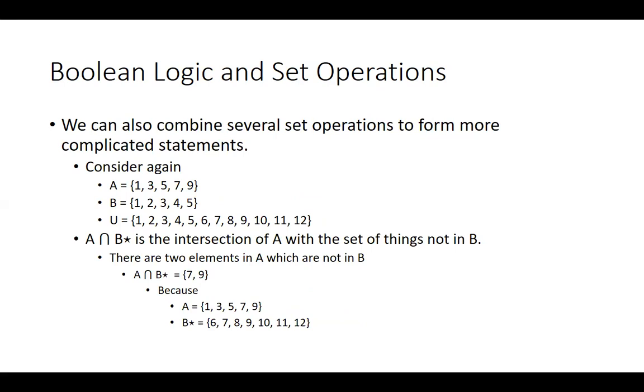But we can also combine several set operations to form more complicated statements. So consider again the set A, 1, 3, 5, 7, 9. The set B as 1, 2, 3, 4, 5. And the universal set U as 1, 2, 3, 4, 5, 6, 7, 8, 9, 10, 11, 12.